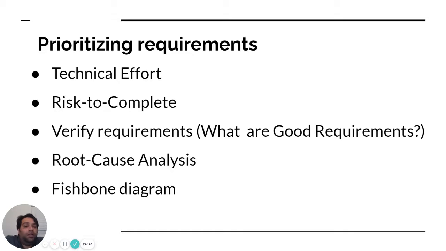Based on that, you have to prioritize. Unambiguous, they are clear and cannot be misinterpreted. Any kind of communication misinterpreted or miscommunicated, you have to understand the requirement clearly.